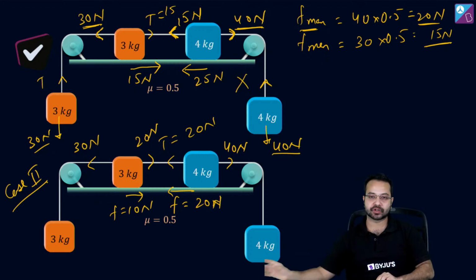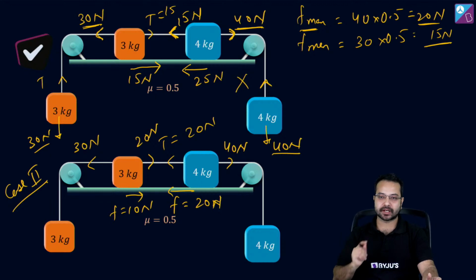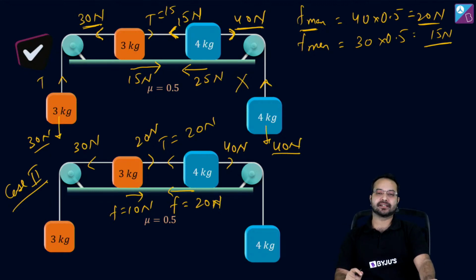Choose the largest friction. Okay, that's one answer. Anything else that you can think of? Now we have understood that case 2 is the correct case, but why? The question is why?